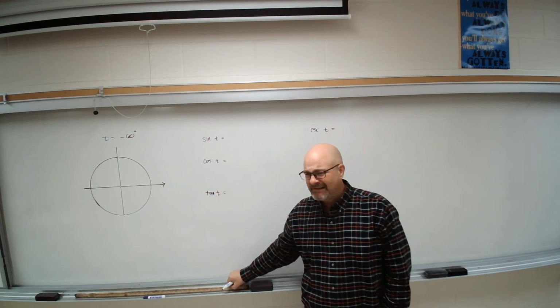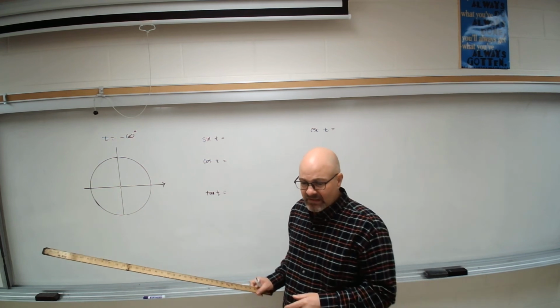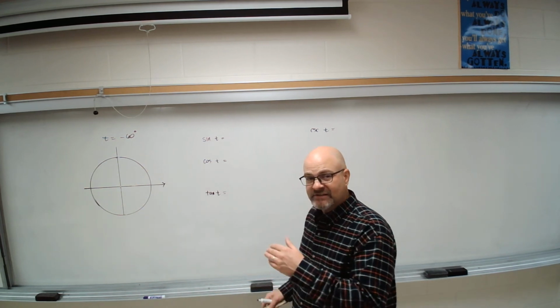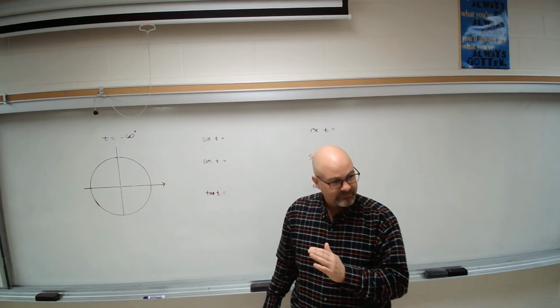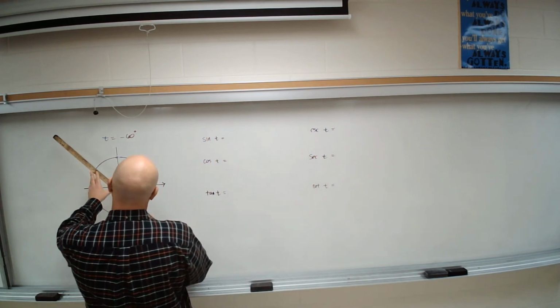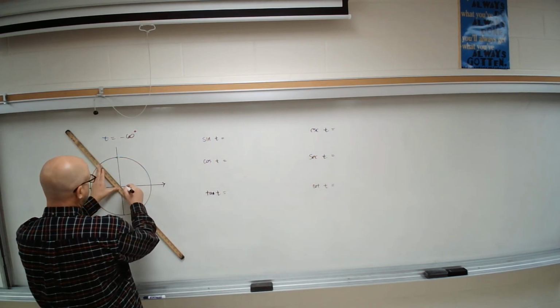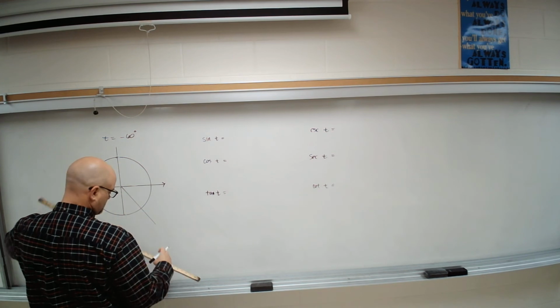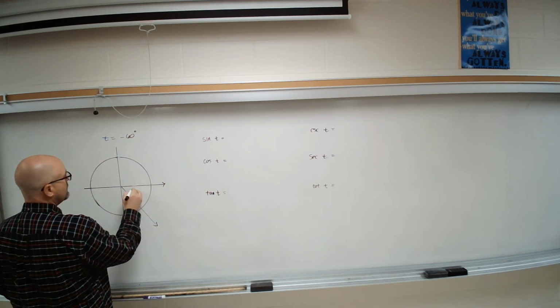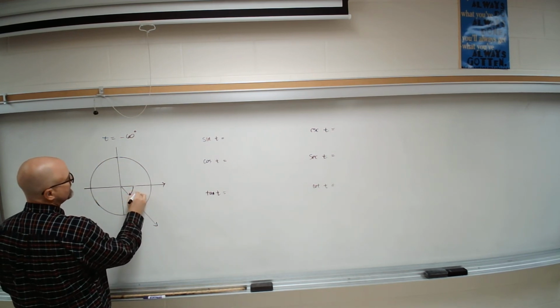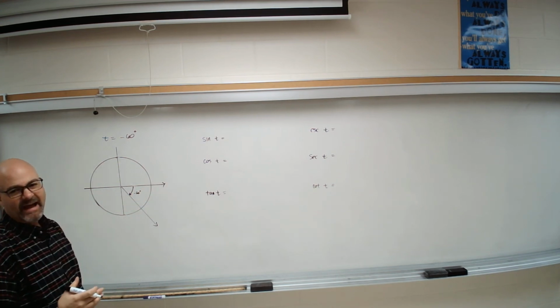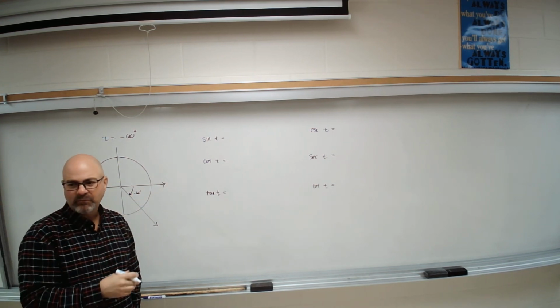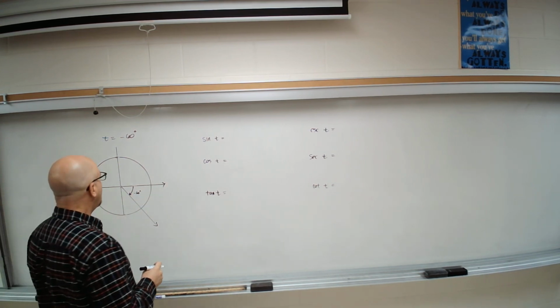I hate to say always, but I think we are always going to draw them in standard position. And we know that if it's negative, it's going to open clockwise, right? So what we'll get here is it'll be down here somewhere. Probably the biggest thing is make sure you hit the correct quadrant. Other than that, it's just sort of a placeholder here.